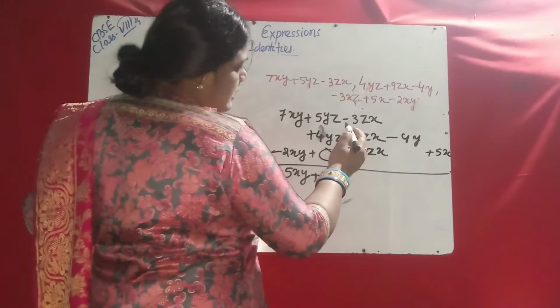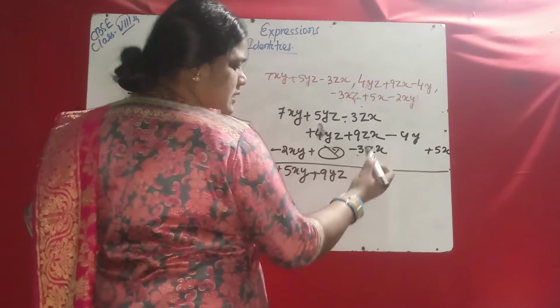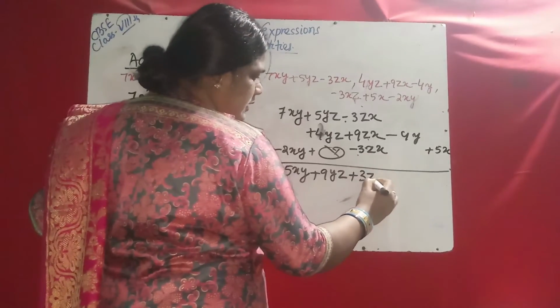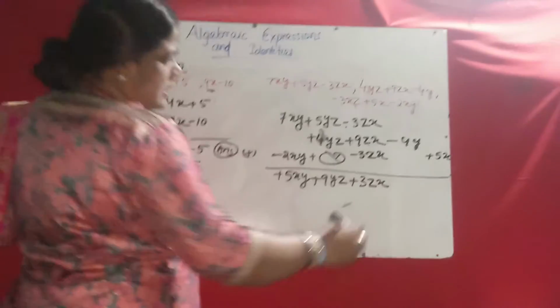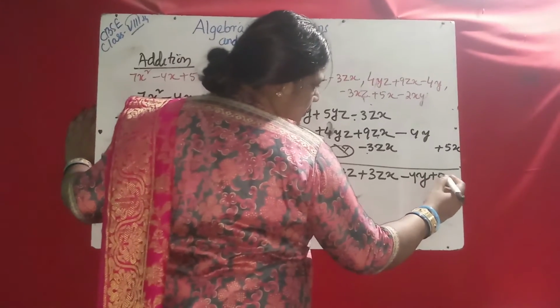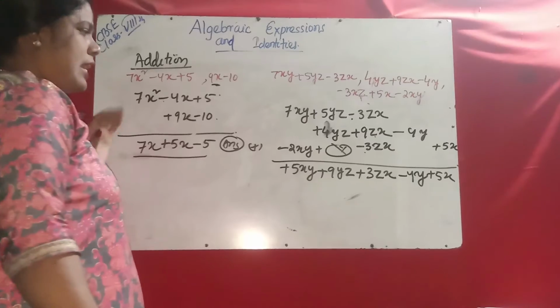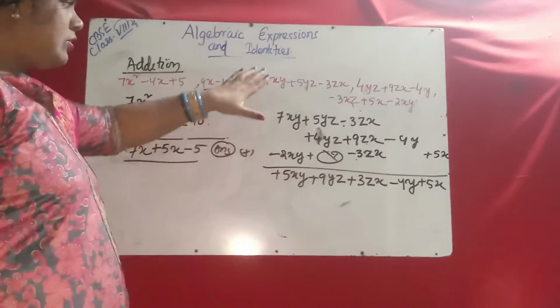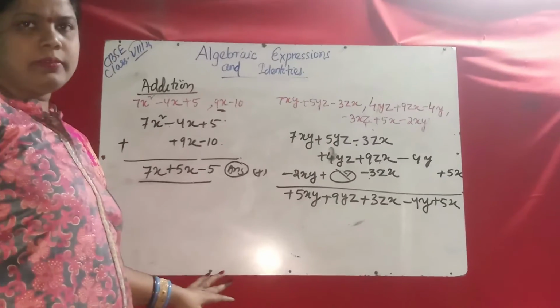Then minus 3zx plus 3zx, minus 6zx, plus 9x. Here nothing, so minus 4y, simply you write. Then plus 5x. This is your answer. So like terms, you first arrange them, all the variables, all the terms, then you write.